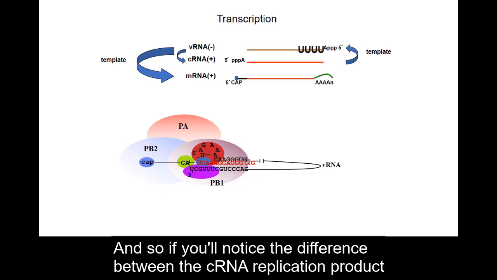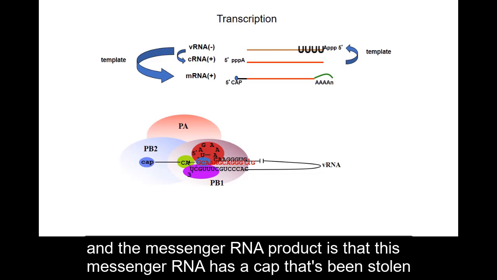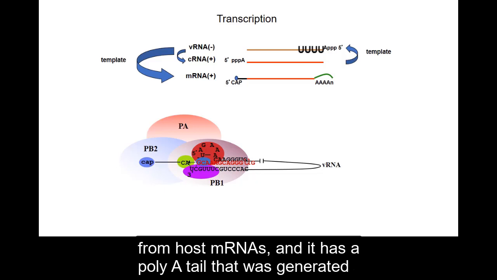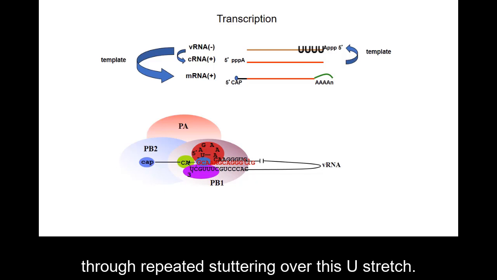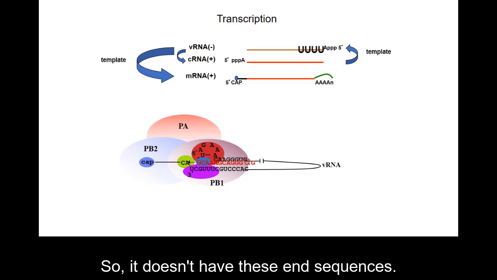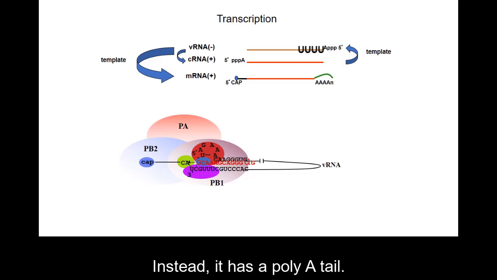And so if you'll notice the difference between the cRNA replication product and the messenger RNA product is that this messenger RNA has a cap that's been stolen from host mRNAs, and it has a poly A tail that was generated through repeated stuttering over this U stretch. So it doesn't have these end sequences. Instead, it has a poly A tail.